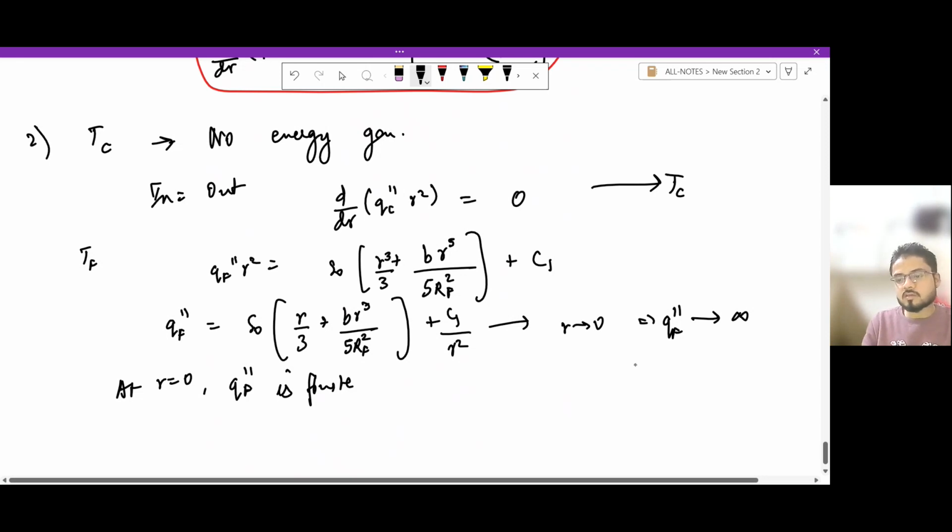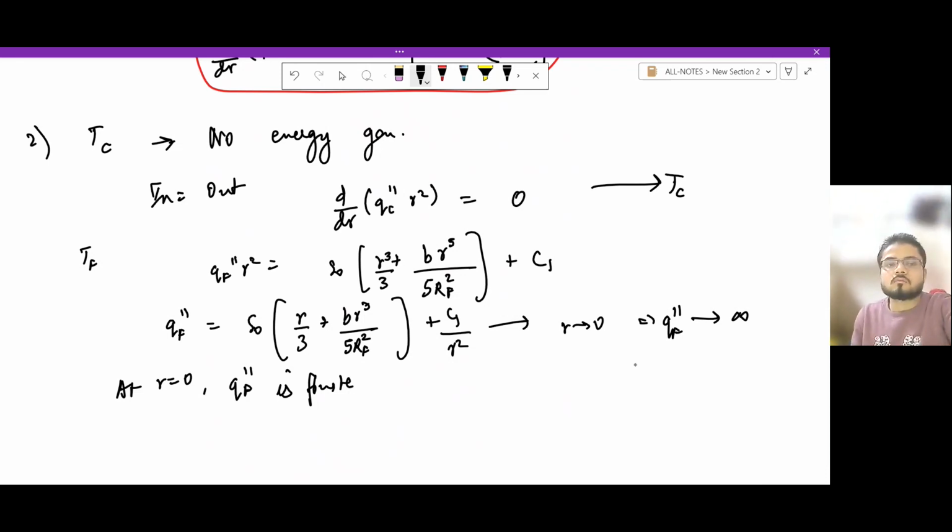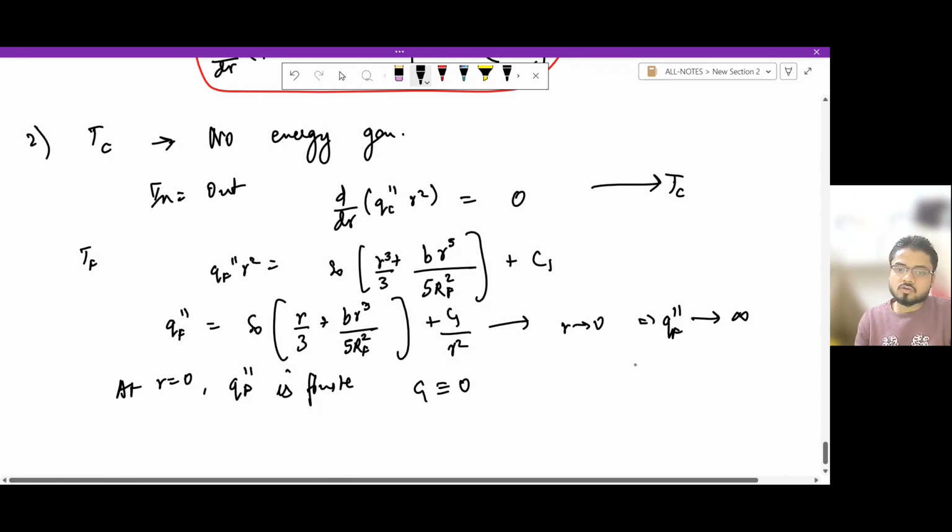So how to resolve this misunderstanding between the equation and yourself is that you make C1 identically equal to 0. This would ensure there is no 1 over r squared term in the flux expression, and at r tending to 0, really close to the center, qf double prime would always be finite.